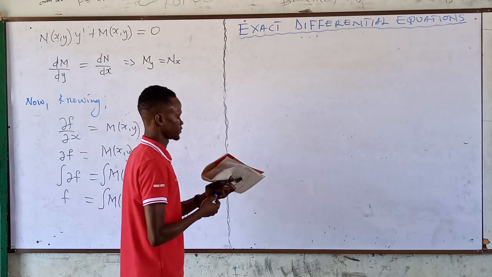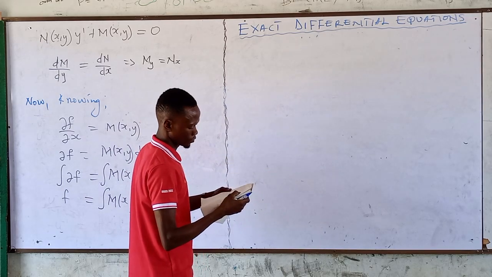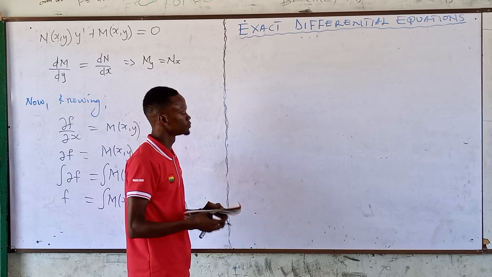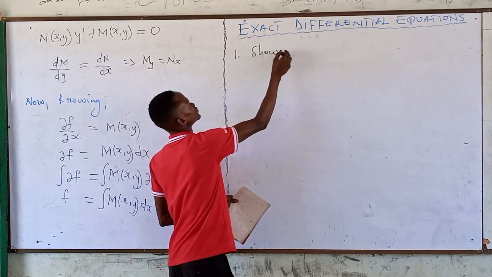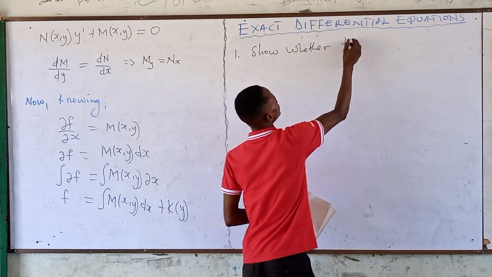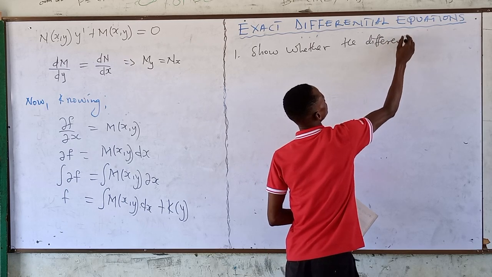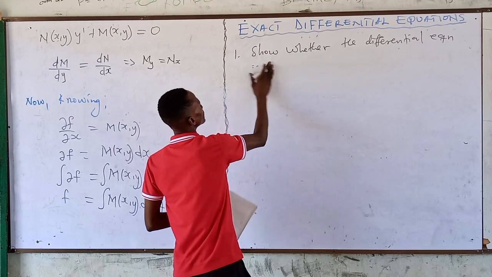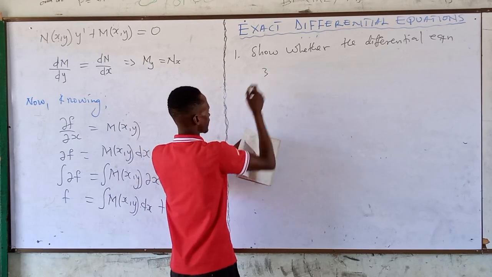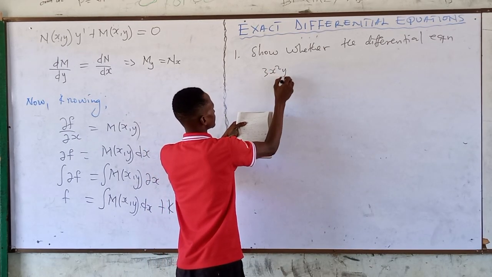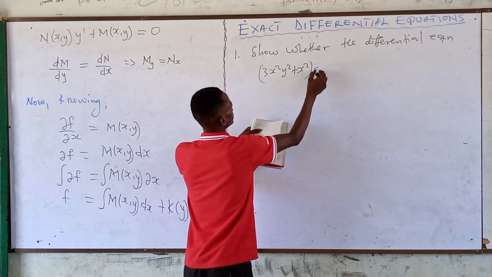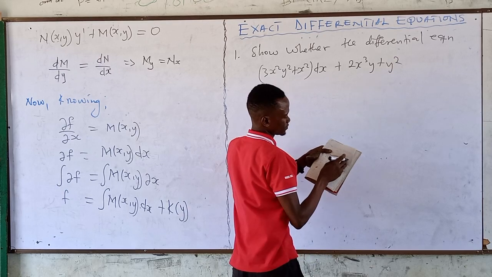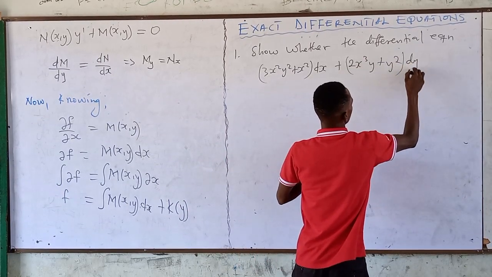The first one says: the differential equation (3x squared y squared plus x squared) dx plus (2x cubed y plus y squared) dy is equal to 0.